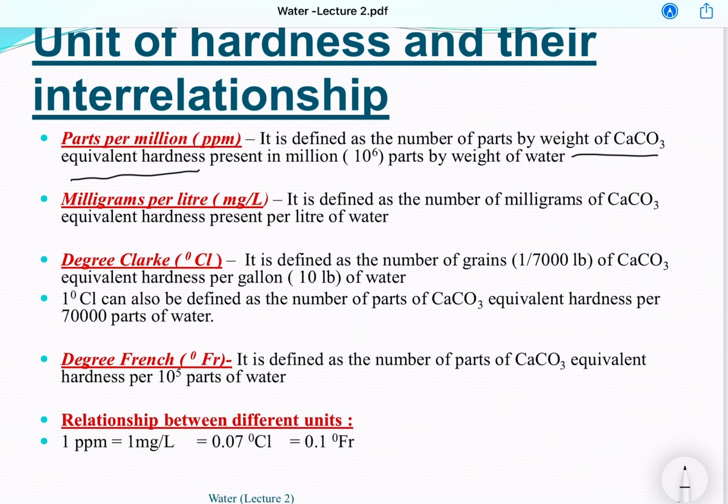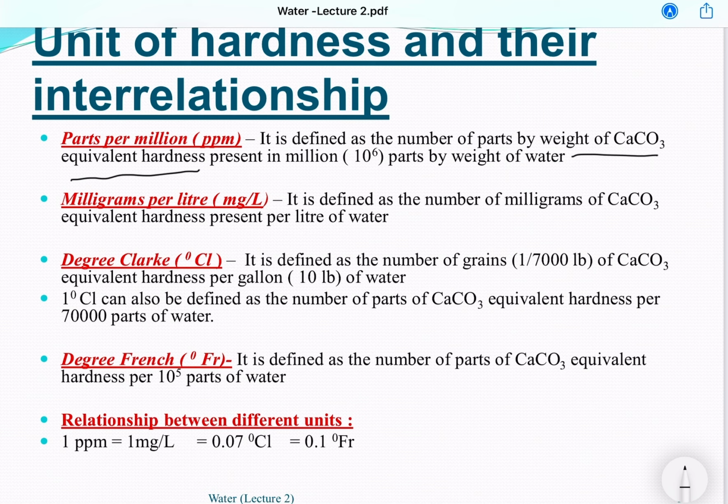Now, 1 grain is 1 by 7,000 pounds and 1 gallon is 10 pounds. So, the ratio of solute to solvent will be 1:70,000. You can rewrite the definition as 1 degree Clark can be defined as the number of parts of CaCO3 equivalent hardness per 70,000 parts of water.